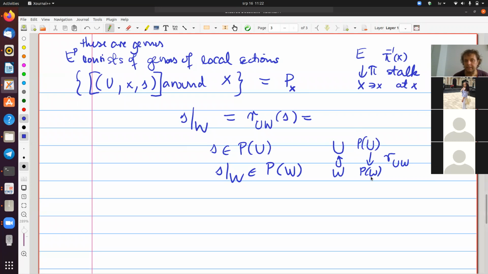Or if you consider this functor, that you would also call P for functor, that would be this R of UW. That's also, if you would call everything by P. So here I have a functor which sends U to P of U on the objects, but every U to V sends to this map from P of V to P of U, this R VU.